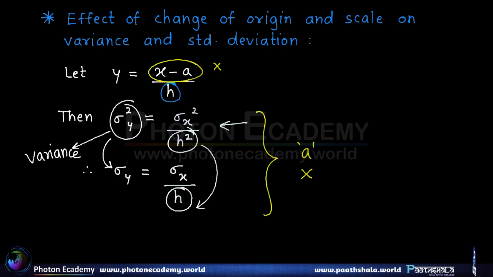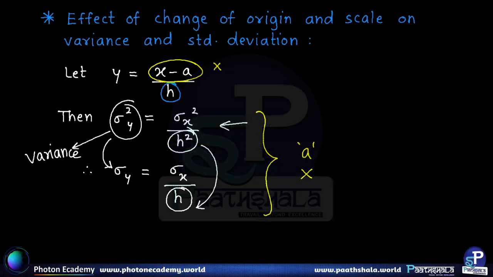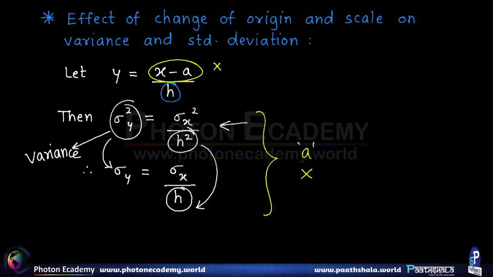So it does not matter what value of small a, that is the assumed mean, we use, it just depends on the scaling factor h. So while solving sums involving large figures, we can change the origin and scale to calculate the mean first, and then use these two formulae to calculate the variance as well as the standard deviation.